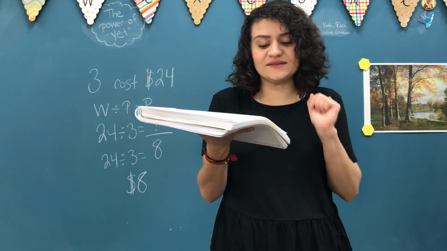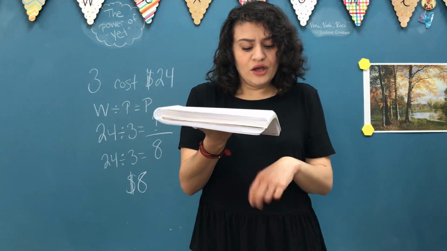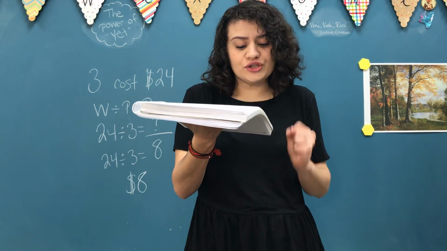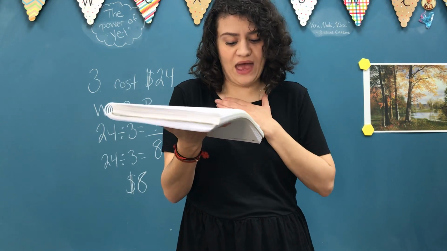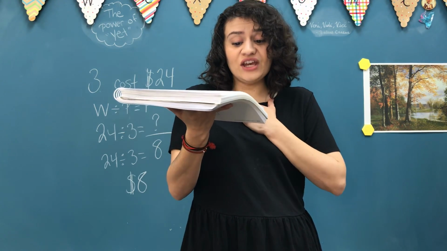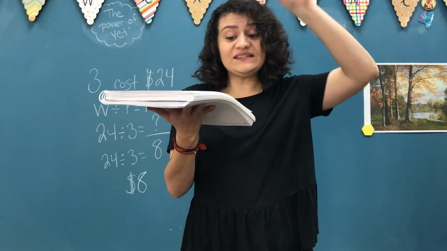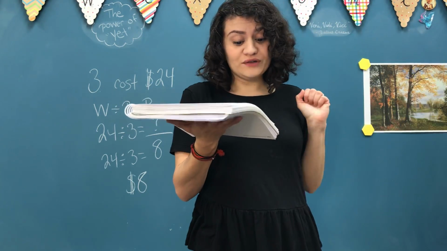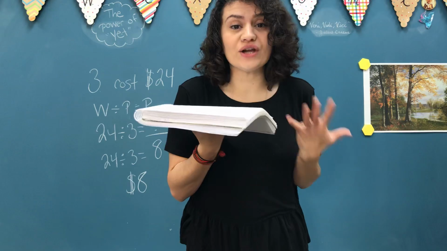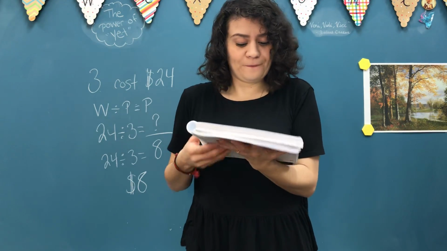Number 3 says, Emma bought 18 notebooks. 3 notebooks cost $1. How much did she pay? So for that, you need to do 18 divided by the 3 notebooks to figure out how much she paid, okay?